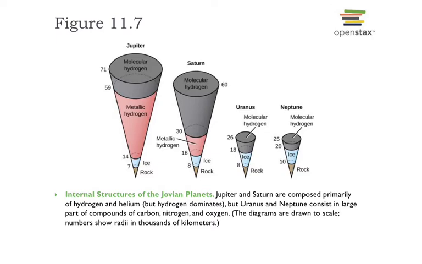There are a lot of hydrogen compounds, with molecular hydrogen varying between liquid and gas hydrogen. We can see that Jupiter and Saturn have a lot of metallic hydrogen. Uranus and Neptune, not as much. The internal structures of Jupiter and Saturn are very closely related, and then Uranus and Neptune as well. Uranus and Neptune, again, have some compounds of carbon, nitrogen, and oxygen as well.